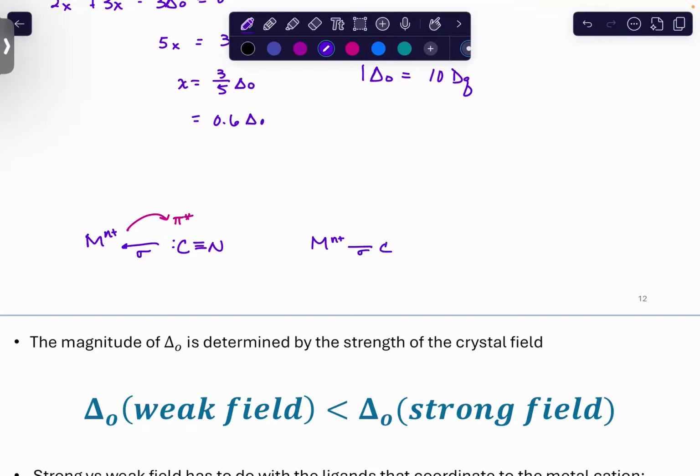So now you have your metal sigma bond. And you notice how that backsharing into the pi star level has decreased the bond order between carbon and nitrogen. And then what you're going to get is partial pi bonds. And so this is called pi back bonding.